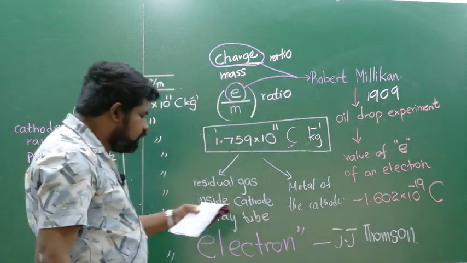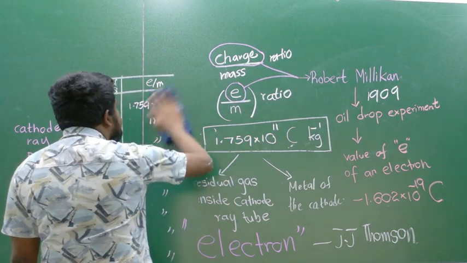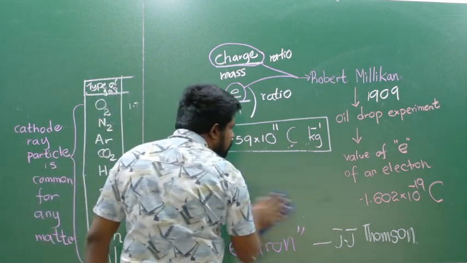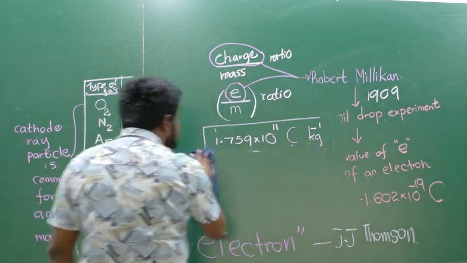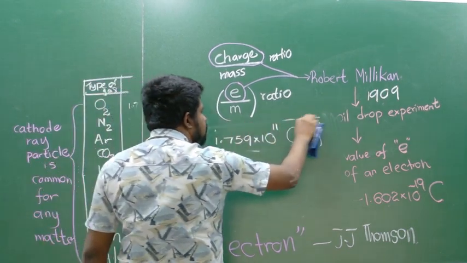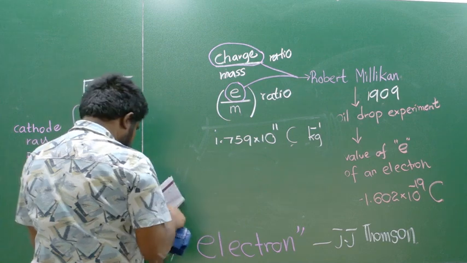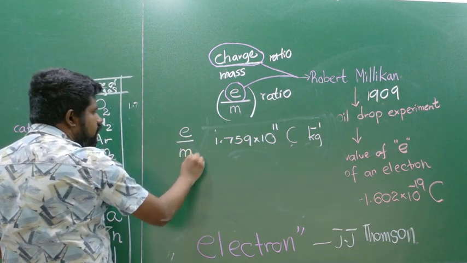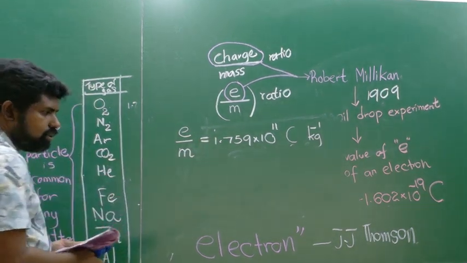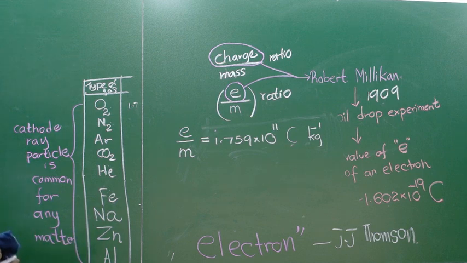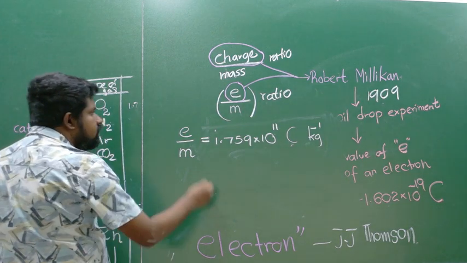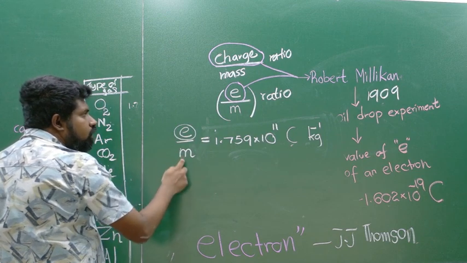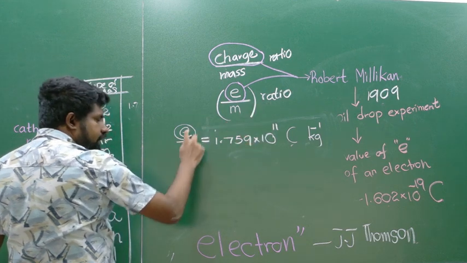Okay. Now the e over m ratio is known, that is the e over m ratio for the electron, the cathode ray particle. The simple e value was found by Millikan. The e over m ratio is e divided by m.